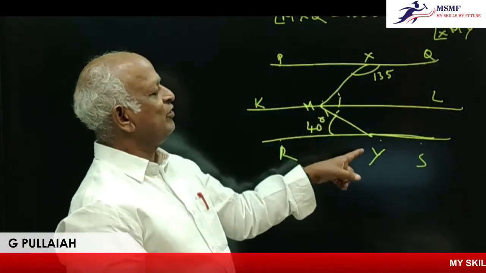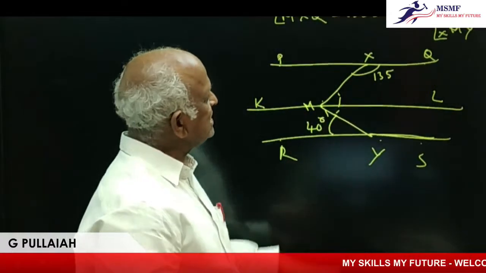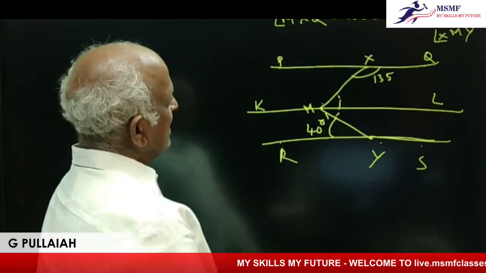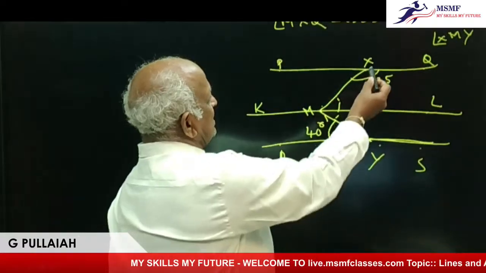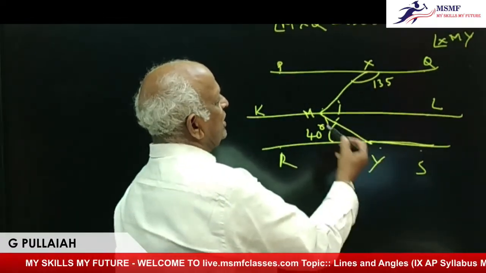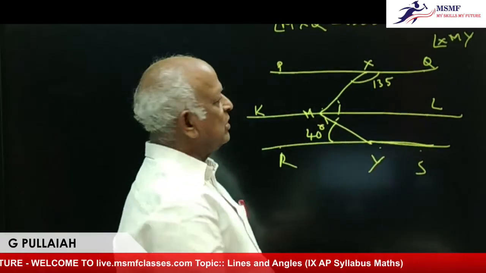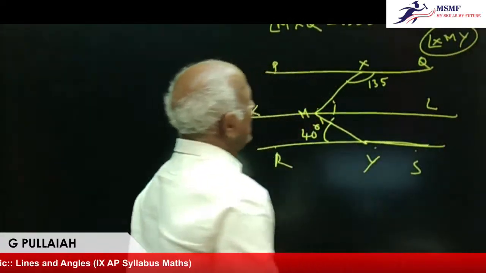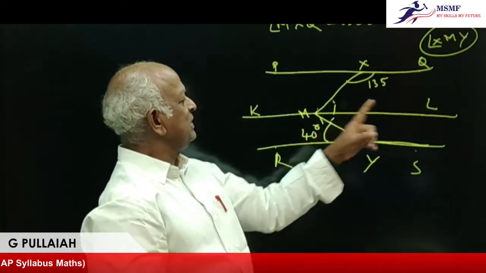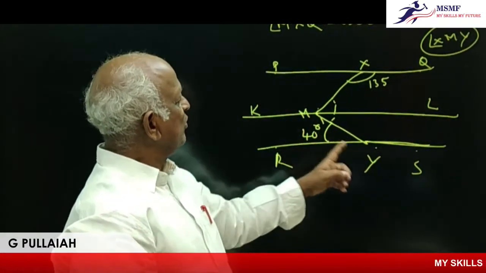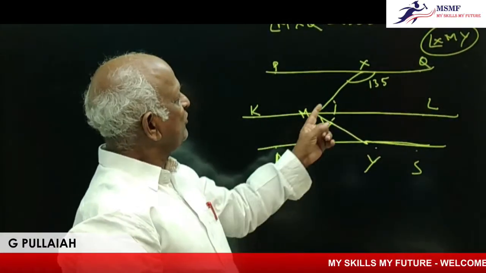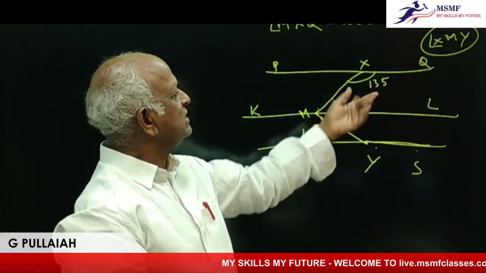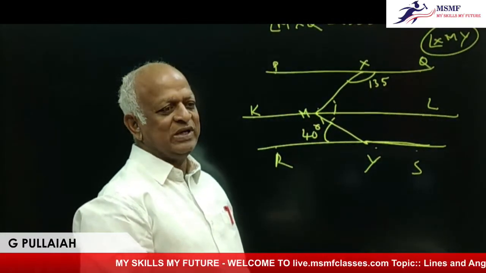This XMY is made of two angles, XML and YML. So if we can find these two angles, then the value of XMY is very easy.